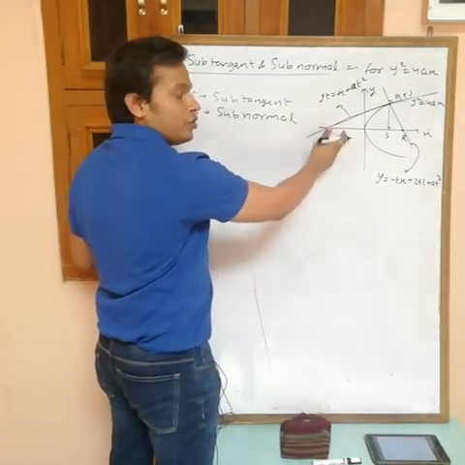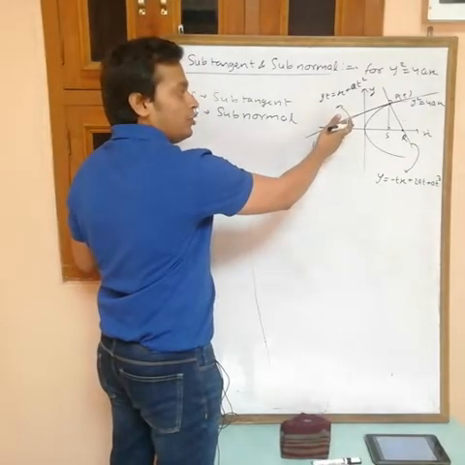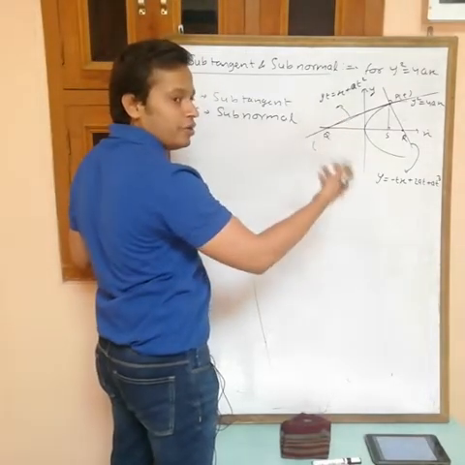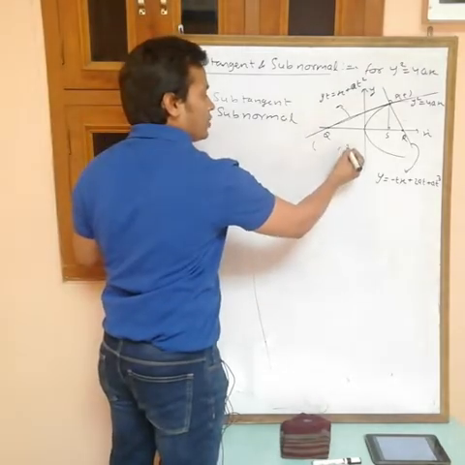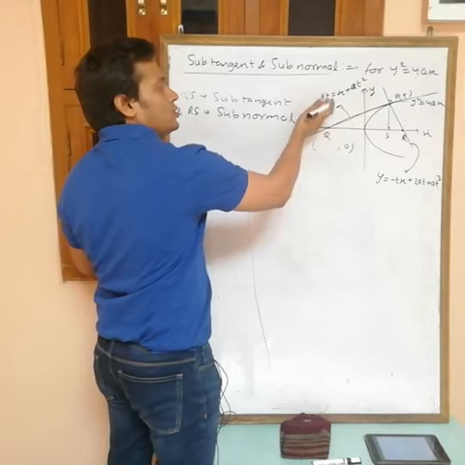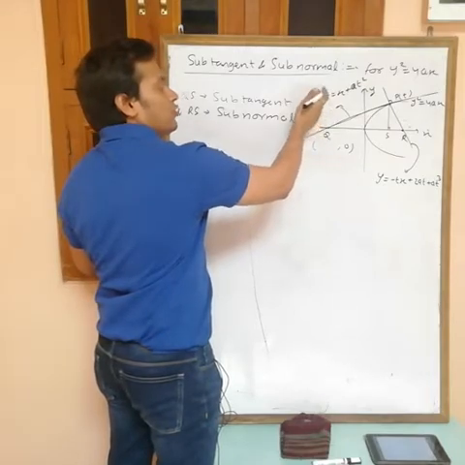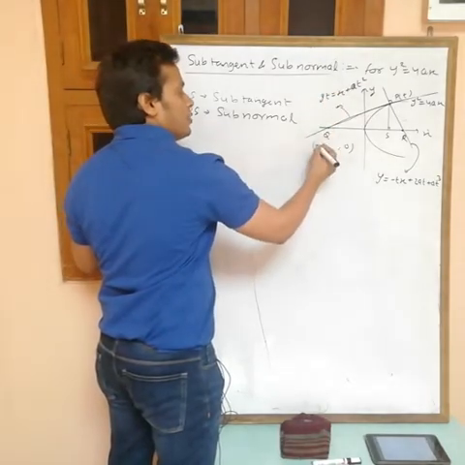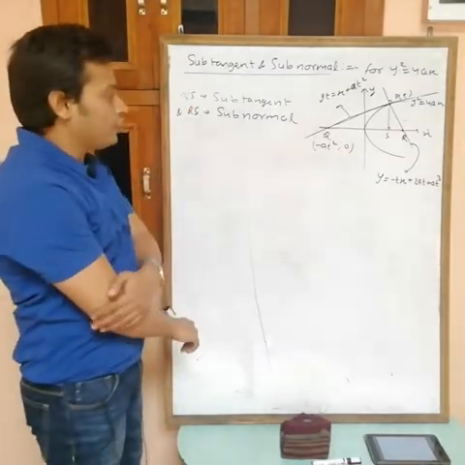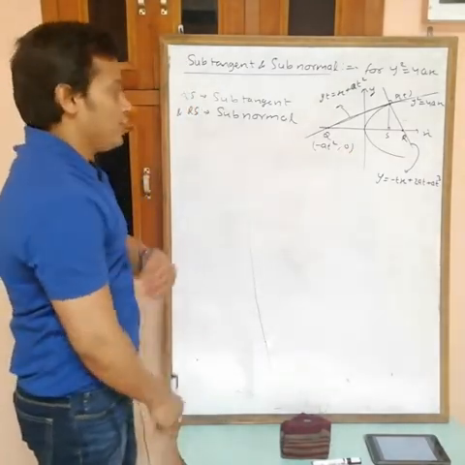Q lies on the x axis and also on the tangent. If it lies on the x axis, then the y coordinate is 0. Now put y equals to 0 in the tangent, because Q also lies on the tangent. So x equals to minus at square. So the coordinate of Q is minus at square comma 0.